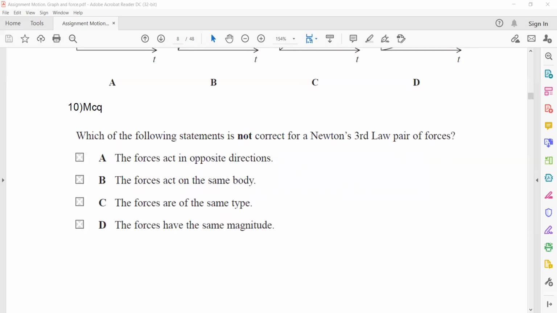The same type of forces should be there. The forces act in opposite direction, that's true. The forces act on the same body, that's wrong, because forces act on different bodies. Forces at the same time, that's true. They should have the same magnitude, that's also true. So statement B is not the right statement.